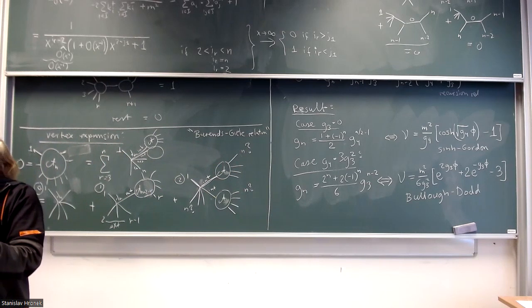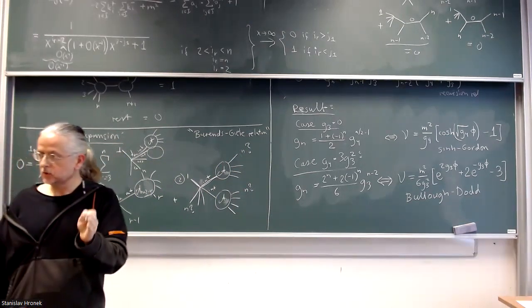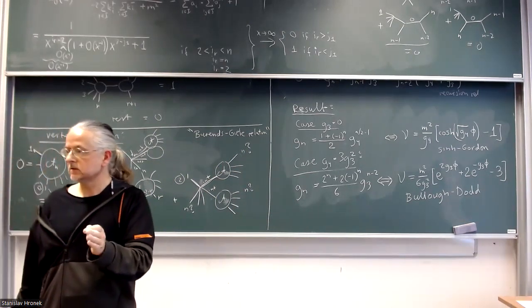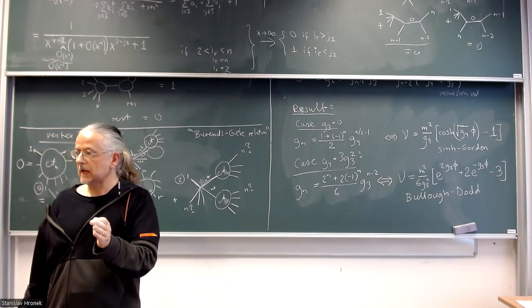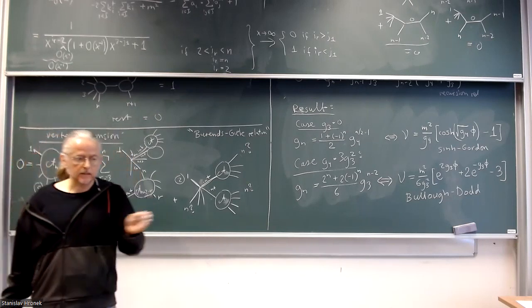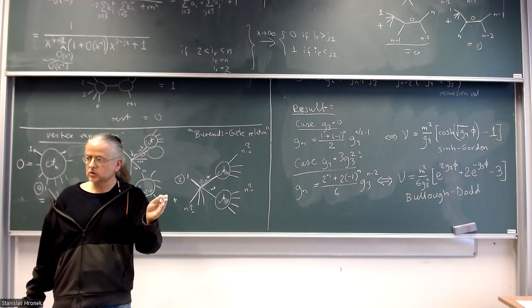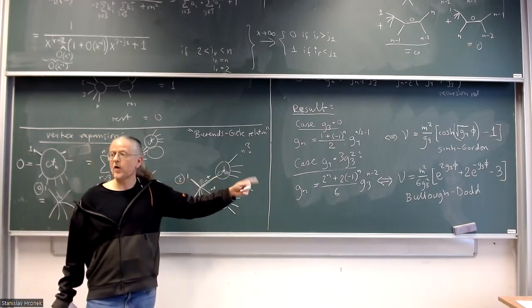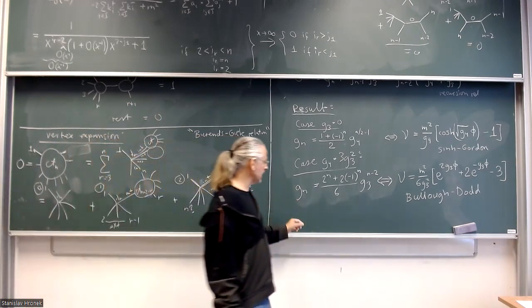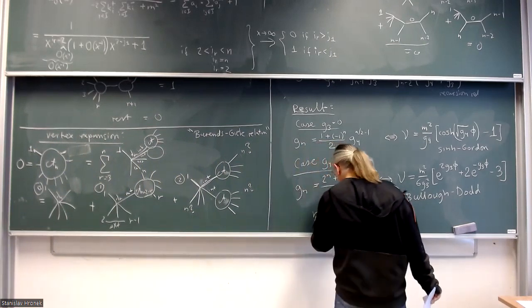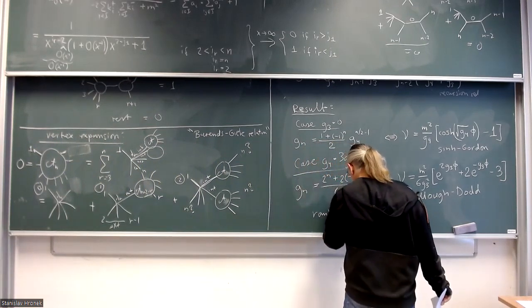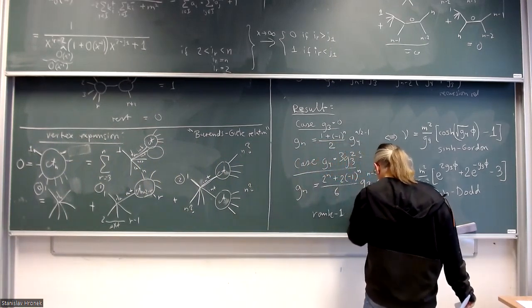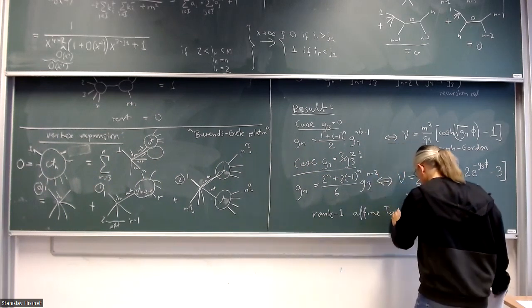We can do that. We will not do that. The other thing you can do is introduce more fields. And there is something called affine Toda theories, where these are actually examples. These two are the full classification of rank 1 affine Toda theories.